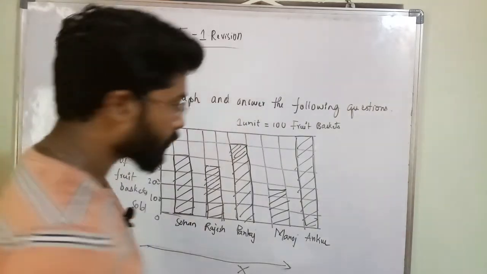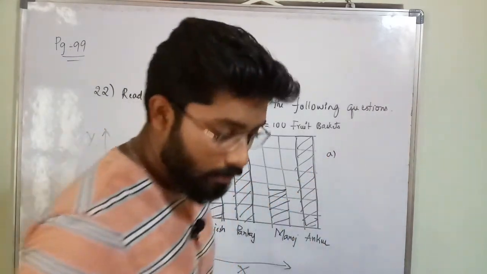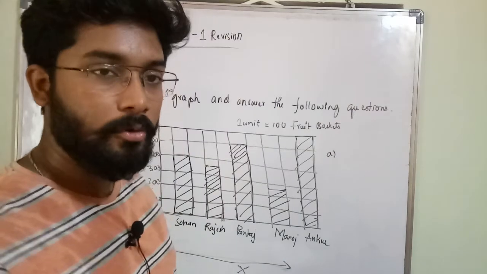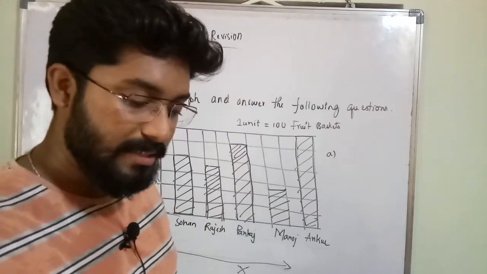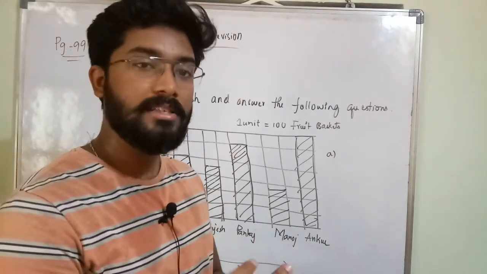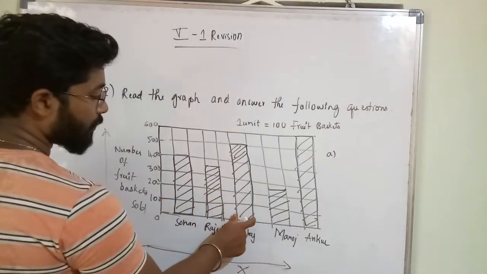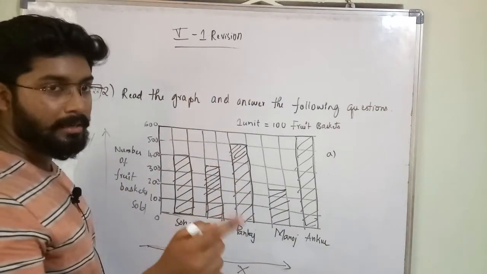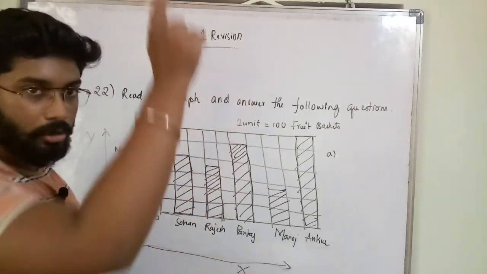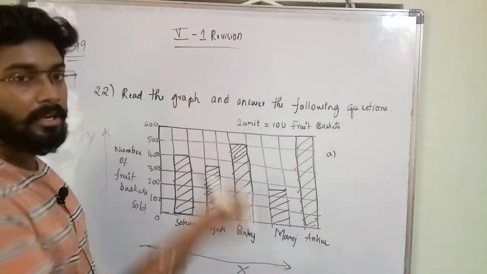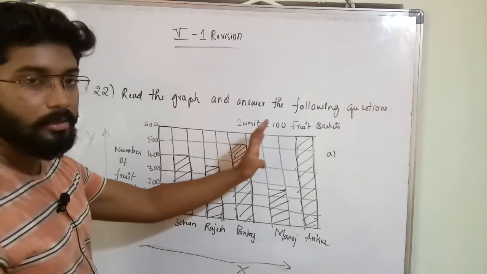The first question is, who sold the maximum number of fruit baskets? Means maximum means highest number. Who has sold highest number of baskets? See here. So which column which is filled in blue color, which column is tall, means which column is high, that person has sold the highest number of baskets.